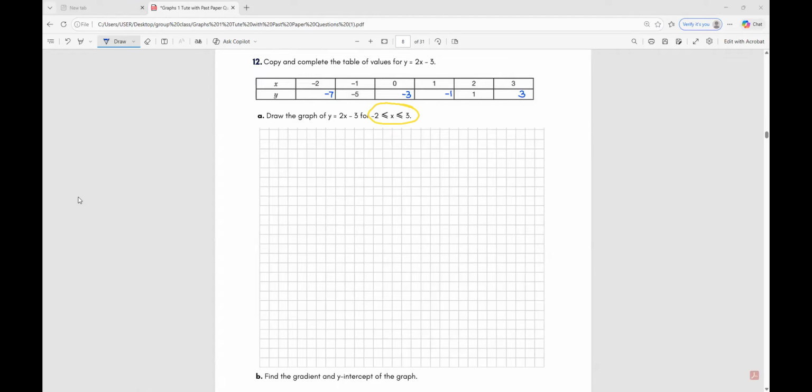Without taking any value we like, we should select any 2 or more values in this range, minus 2 to 3, to draw the graph. This one, it's no problem. They have given us the table. If they don't give it, we should make the table according to these values.